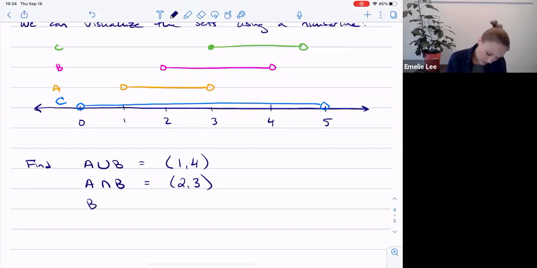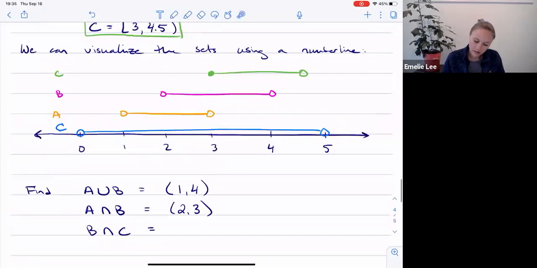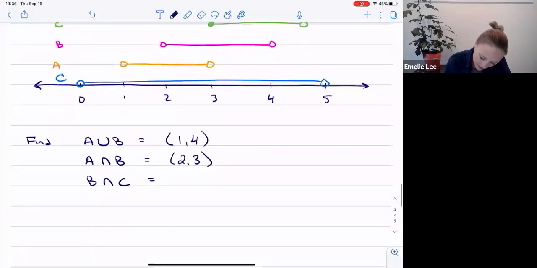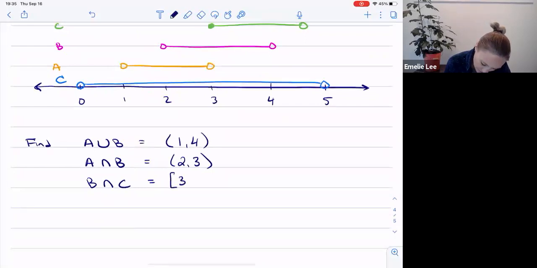What about B and C? C starts here at 3, including 3. So that's where we're going to start our overlap. And then it ends here at 4, not including 4. So we have to use square brackets at 3, including 3, up to 4, but not including 4.